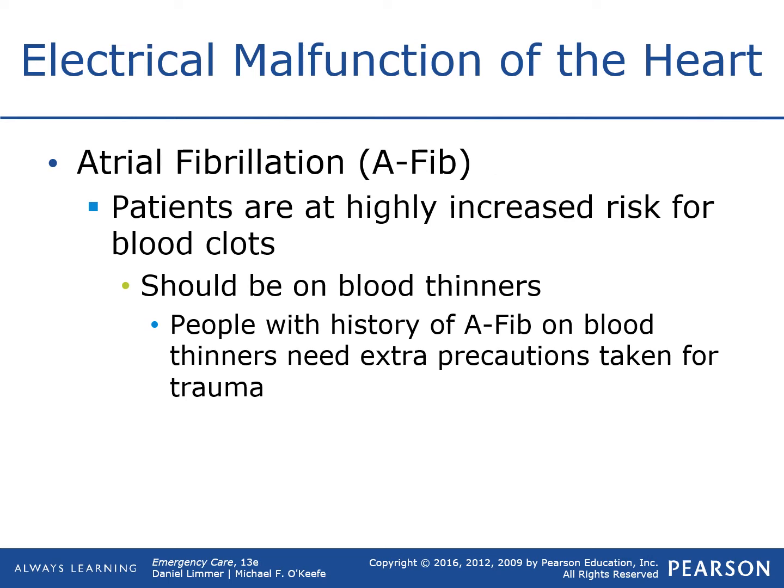One specific electrical malfunction that we need to discuss is atrial fibrillation, sometimes abbreviated as AFib. So in atrial fibrillation, our SA node has stopped sending a strong signal to the heart. And as we know, each cell in the heart is capable of generating its own electrical impulse.